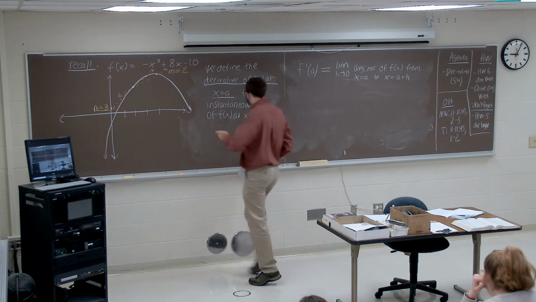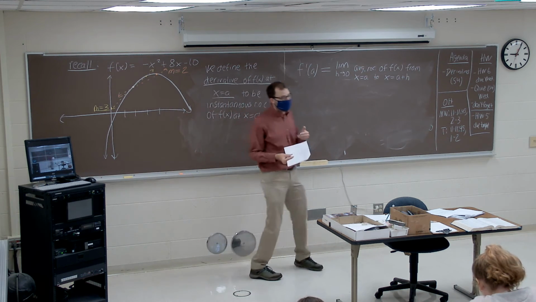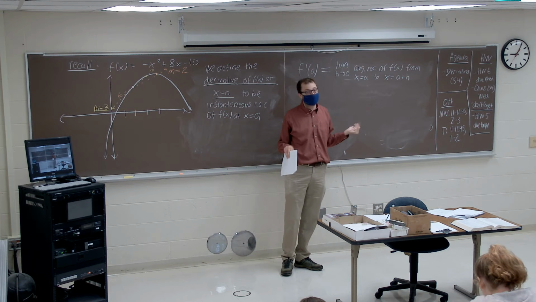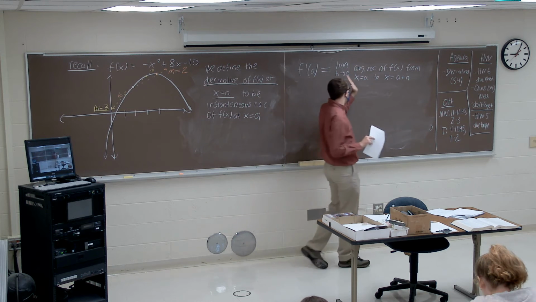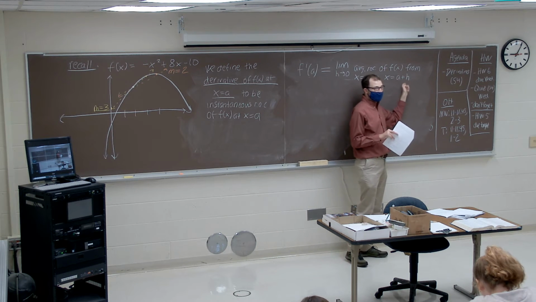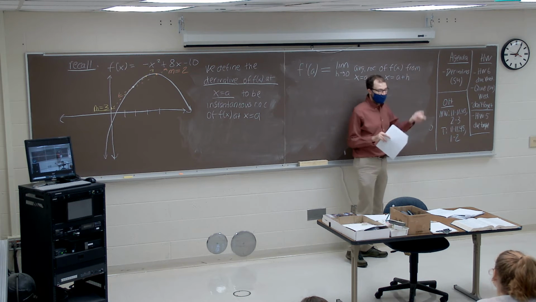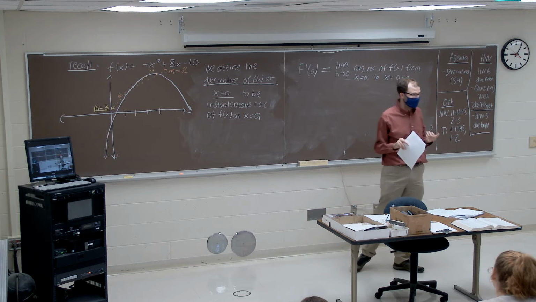Because in order to calculate instantaneous rate of change, we can't take average rate of change from a point to itself. But what we can do instead is to take an average rate of change from x equals that point to x equals that point plus some variable h. And then just take a limit as h approaches 0.